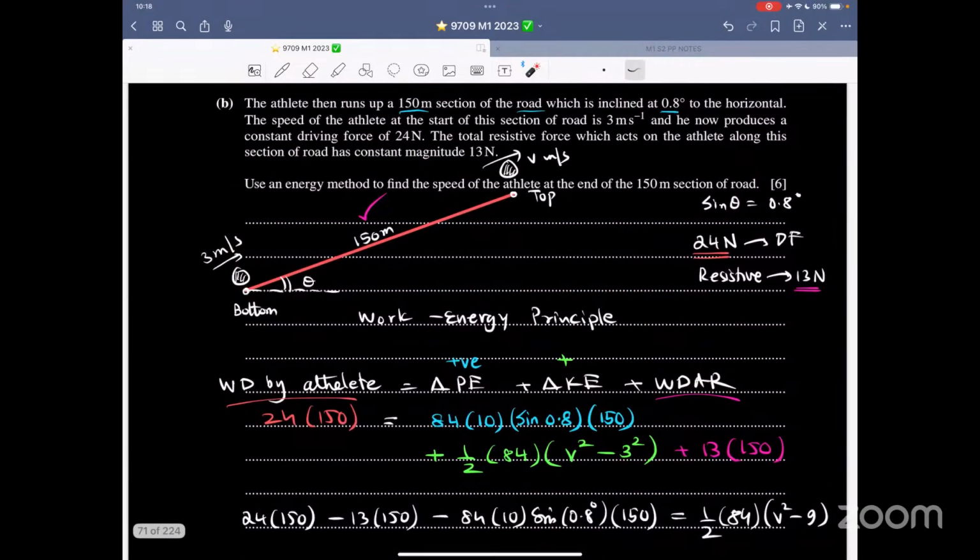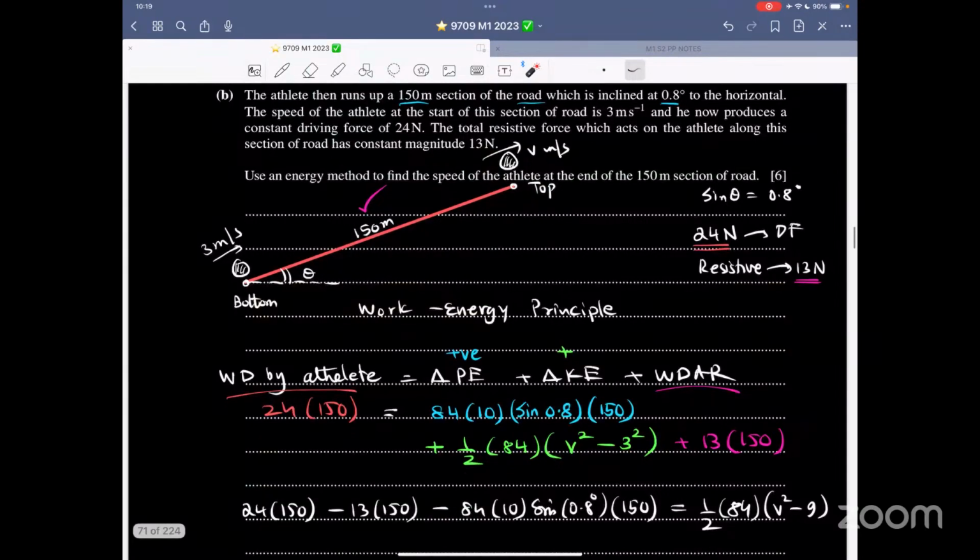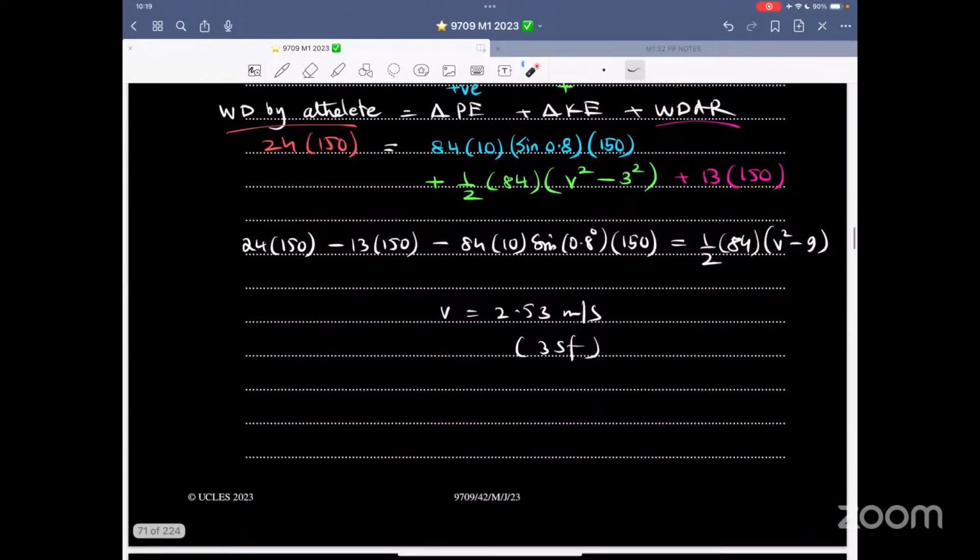It says he now produces this force at the start, and then find the speed of the athlete at the end of the section of the road. Now over here, someone can ask this question: how do we know that the speed increases or decreases?